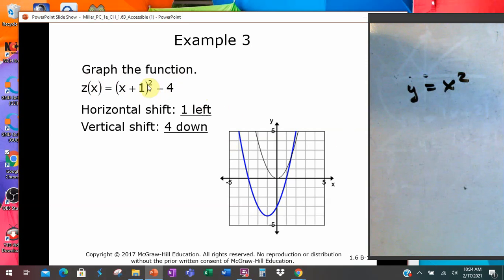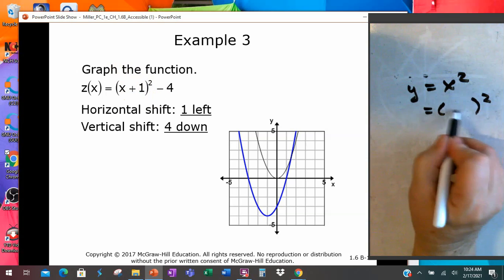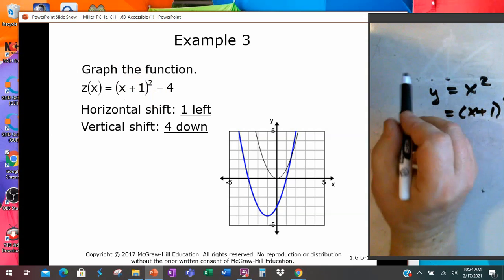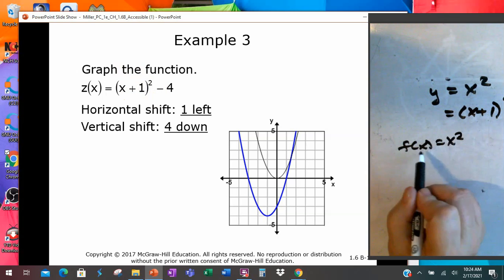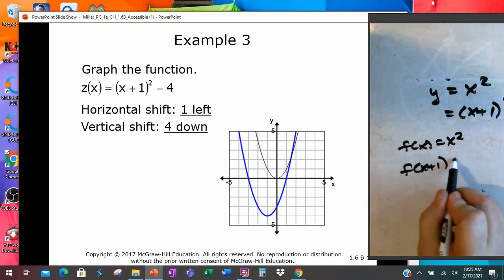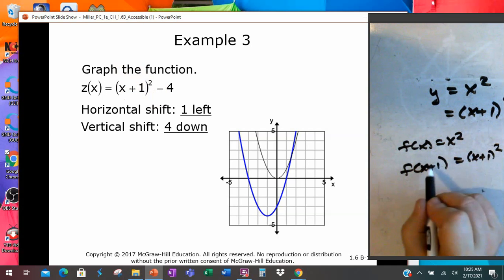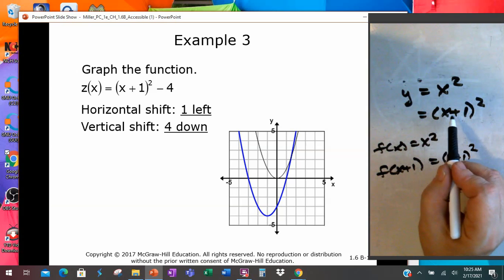That's got to be my base function. So from f of x is equal to x squared, to get this, I've done f of x plus 1, which is x plus 1 squared. That's that horizontal shift. I've moved this over to the left by 1.